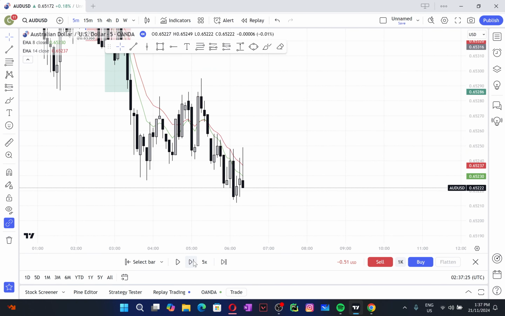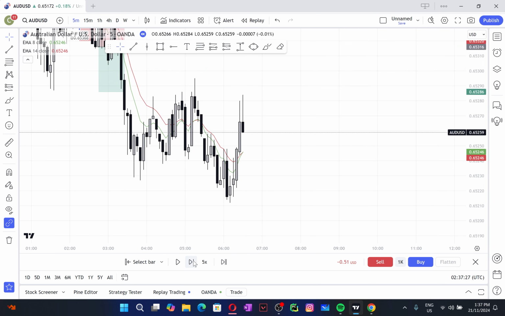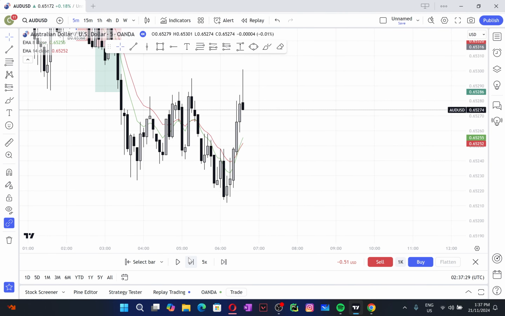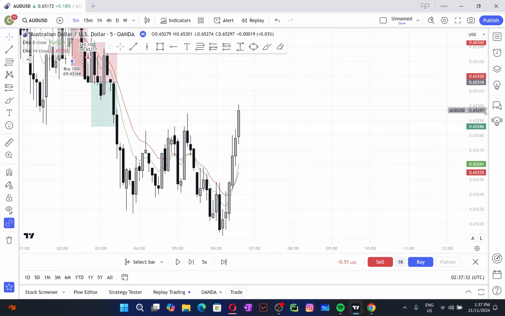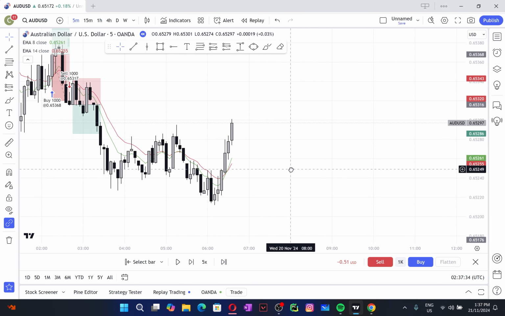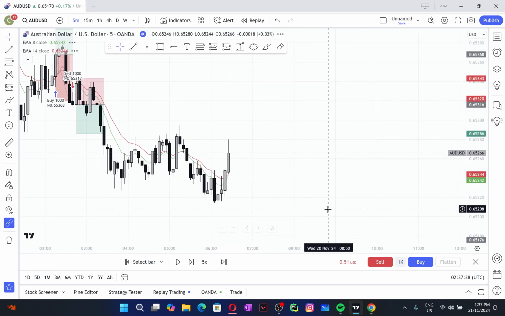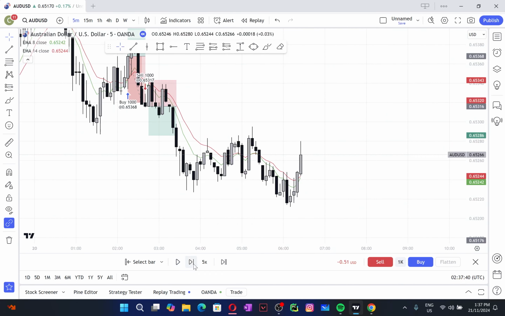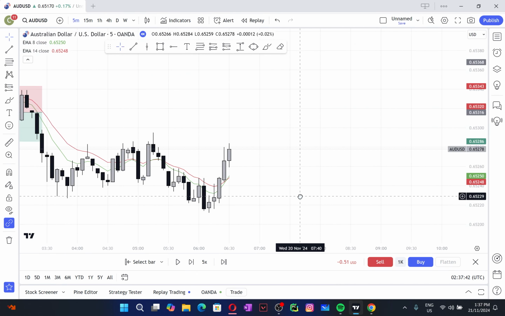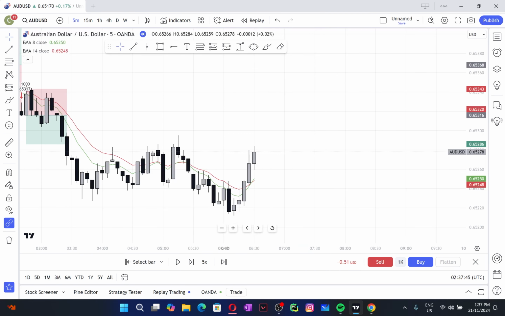Right, let's just see what's gonna happen. Okay, so this might be an interesting place to take a trade. Okay, so I'm gonna take a trade around this bar where the intersection occurs. Yep, so this is where I'll be taking a trade.